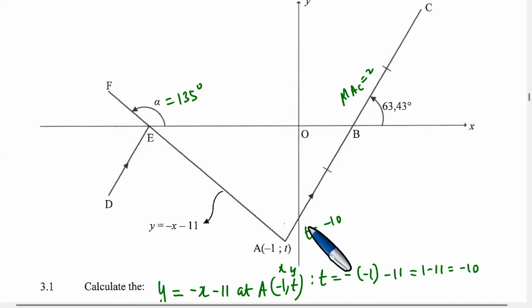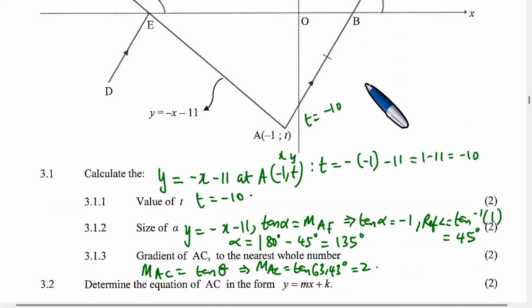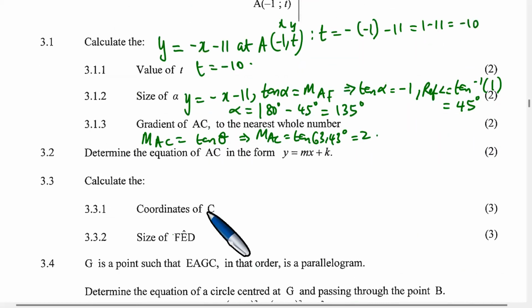So we can easily find the equation of the line. We need just a point on the line and the gradient of the line. And so we know that the gradient of AC is equal to 2. Okay, and therefore we know also that there is a point A with the coordinates -1, -10.